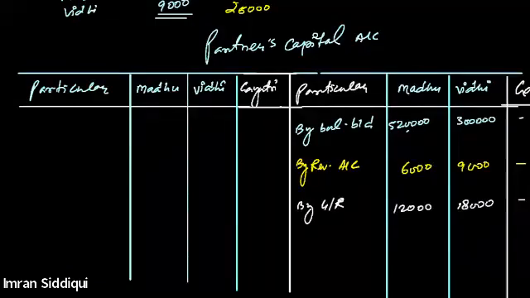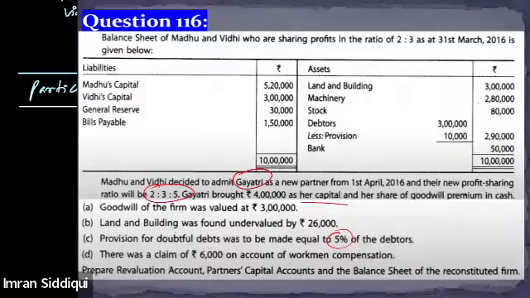Then, the question is saying that Gayatri is entering with a capital of rupees 4 lakh. So we need to go to the partners' capital account. When Gayatri becomes a partner in the firm, she will bring cash by way of capital. In such a situation, we will be crediting her account. I'm assuming that she will be bringing in the capital by way of cash.